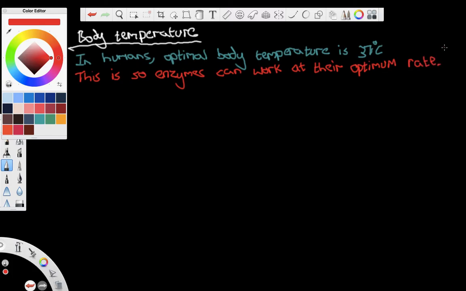Okay? If enzymes are too hot, they denature. So if enzymes get too hot, comma, they denature.